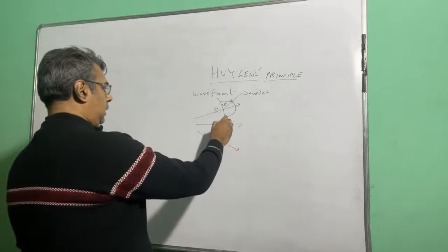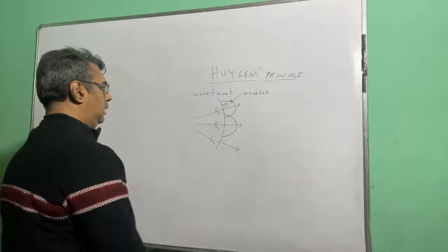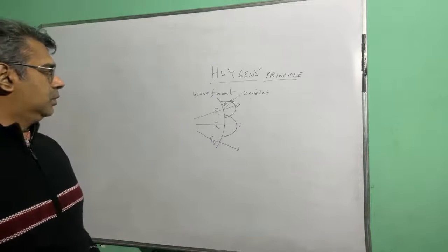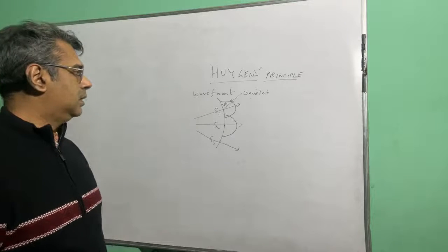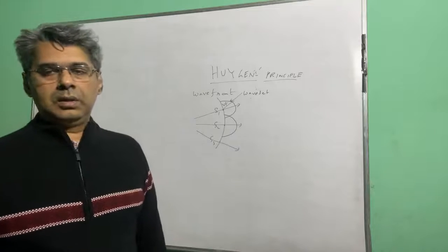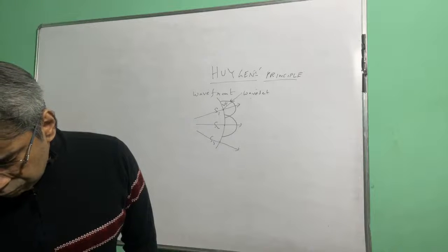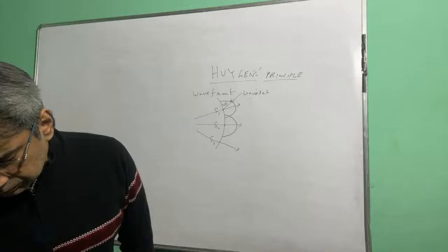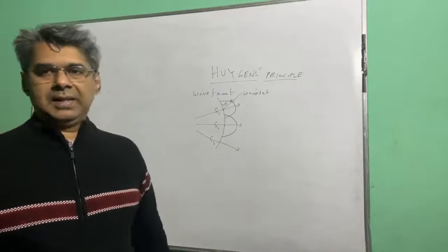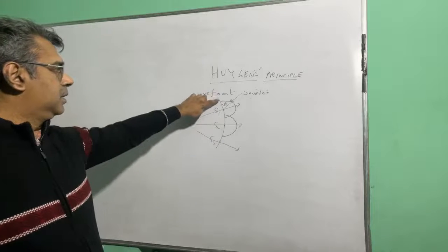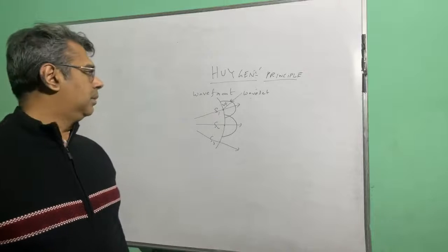Similarly, taking S2 as center, you draw another arc. So this is also called a wavelet, right? Wavelet is also called secondary wavefront. The primary wavefront is this, and wavelet is also called secondary wavefront.